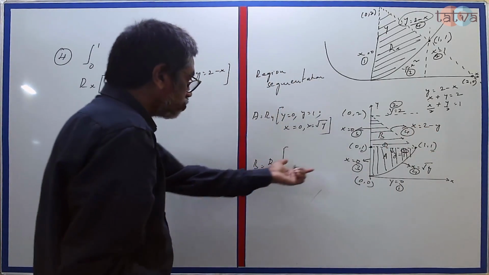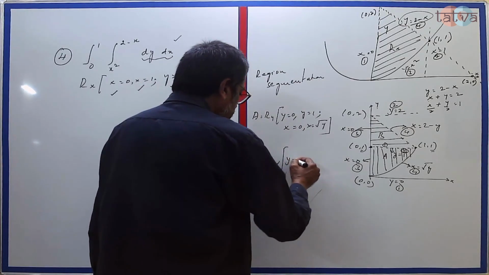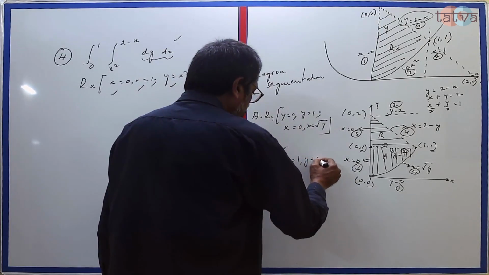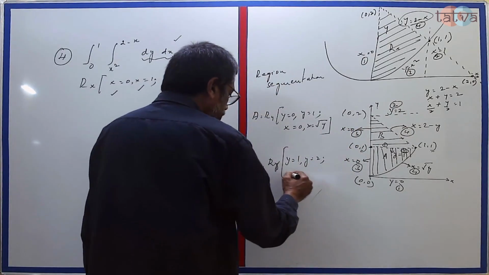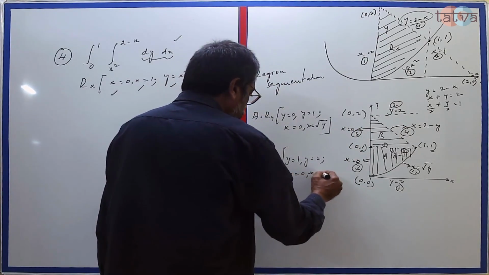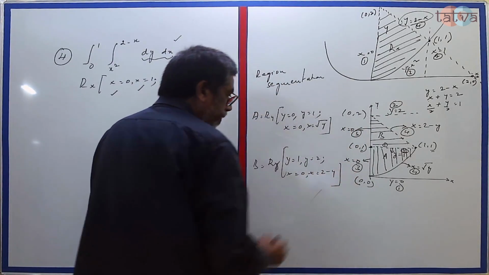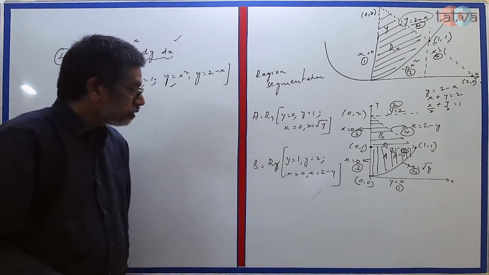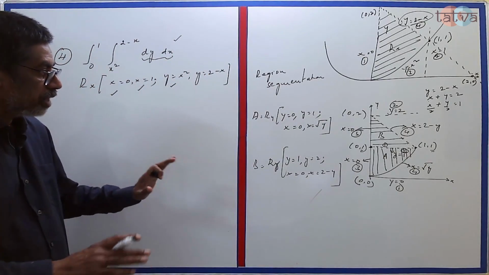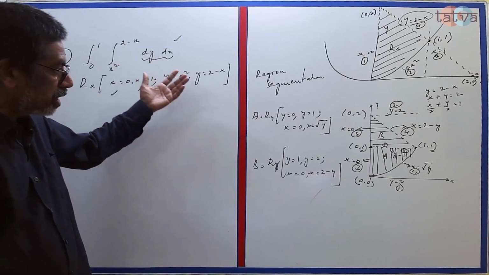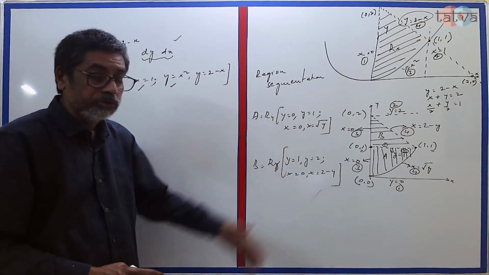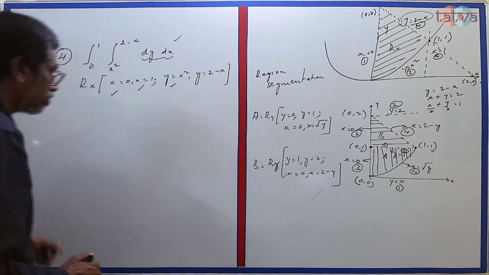So I will now fill up this box. Starting from y is equal to 1 to y is equal to 2, then x is equal to 0 to x is equal to 2 minus y. Having done this, I think we can now express the original integral as the sum of two new double integrals. How does it look like?